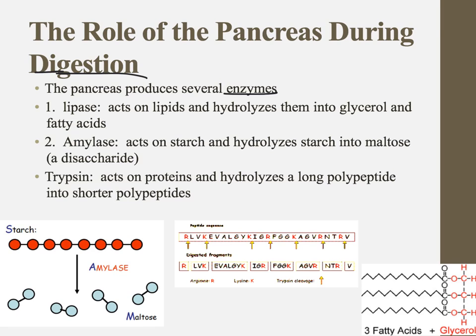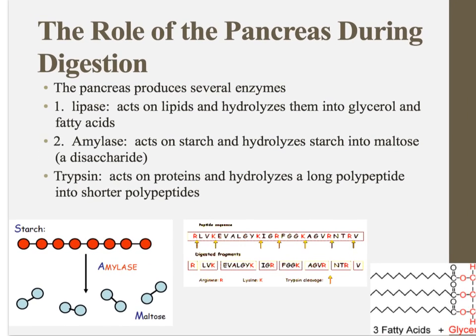Okay, so the pancreas produces a few enzymes, one of which being something called lipase. Again, ASE is an ending for enzyme, so it's something that acts on lipids, and it breaks them down or hydrolyzes them into glycerol and three fatty acids. The next thing we're going to take a look at here is amylase.